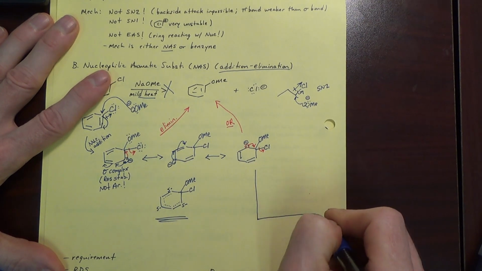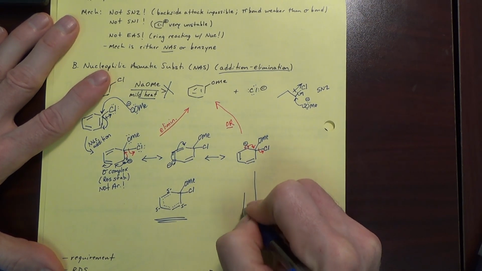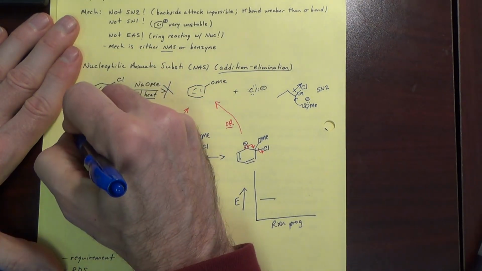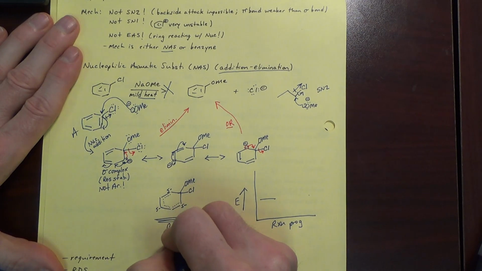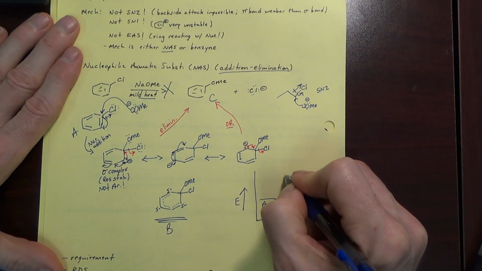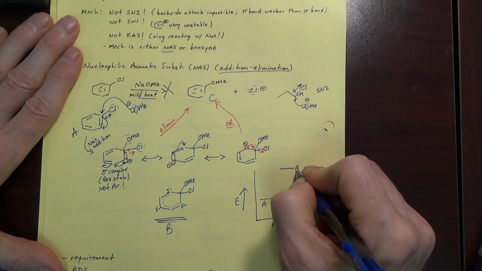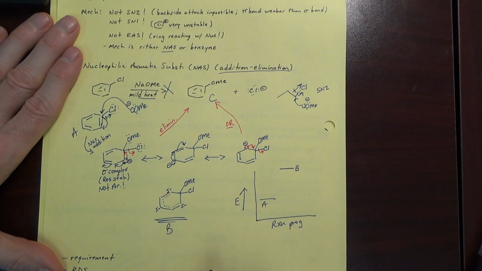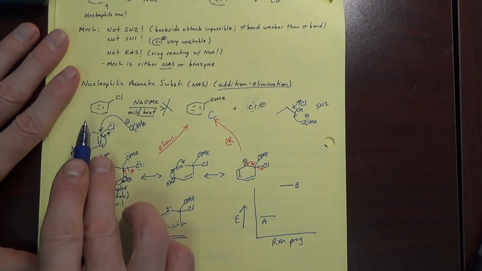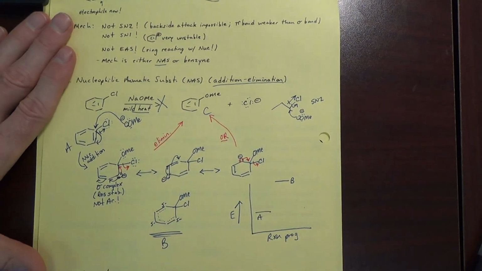By the way, if we draw a reaction coordinate diagram, we have A, we have B, and we have C. B would be higher, and then C. I'm not going to try to distinguish between A and C. They're both pretty similar. They both have sigma bonds.